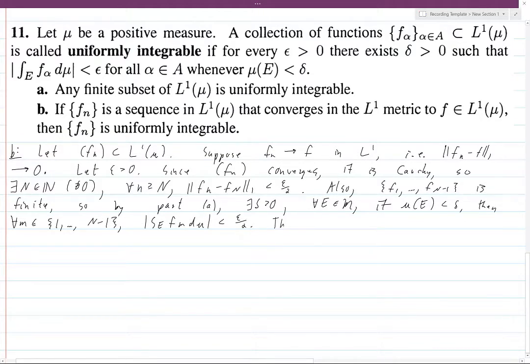So then in particular, for all E in M, if the measure of E is less than delta, then for all m between 1 through capital N minus 1, the integral over E of f_m d mu is less than epsilon.